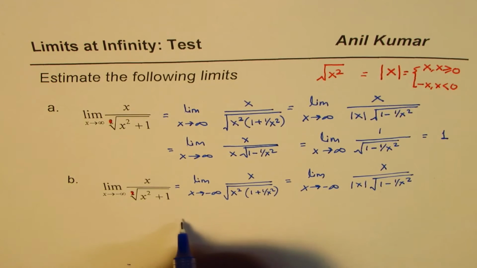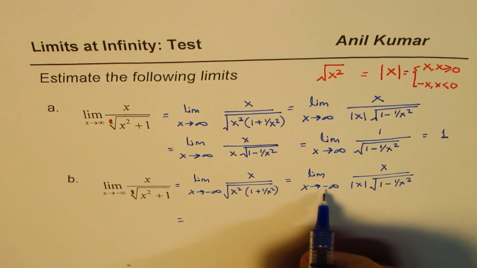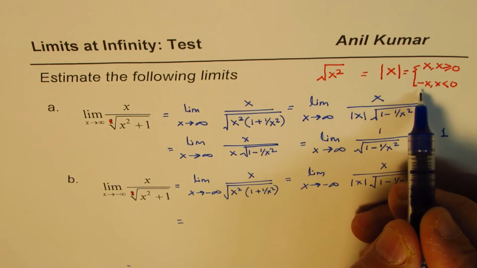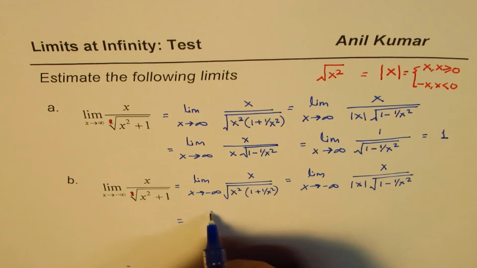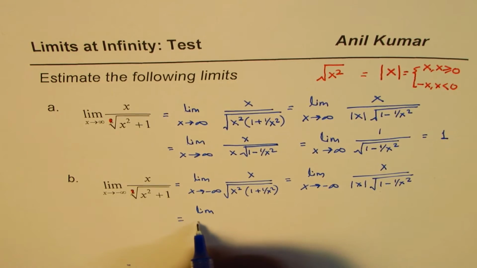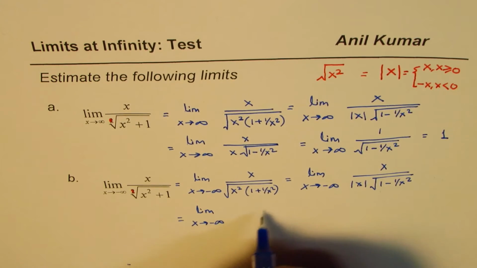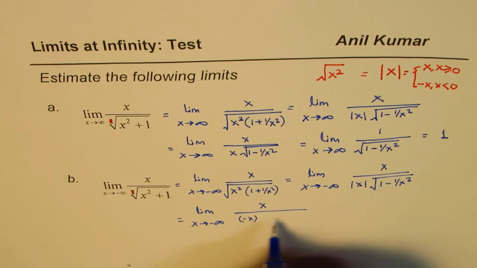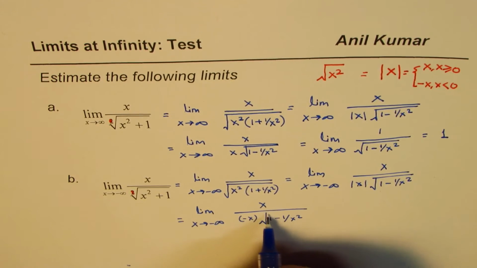Now what happens? Now we are approaching negative infinity. So if you're approaching negative infinity, absolute x is going to be negative x, right? So let's replace this with negative x. So we get limit x approaches negative infinity, x over negative x. Do you see that change? This is very important to notice, right? Square root of 1 plus 1 over x squared. And that results in minus 1.